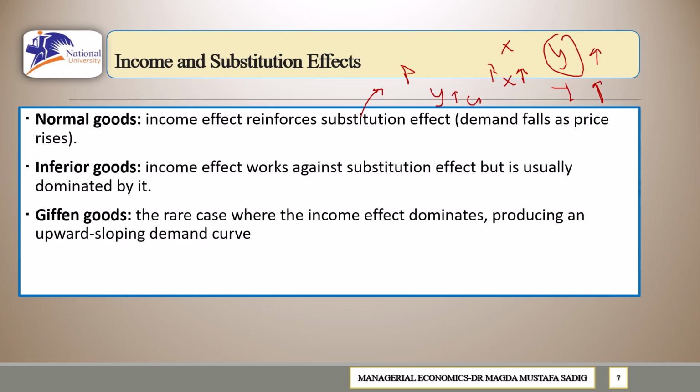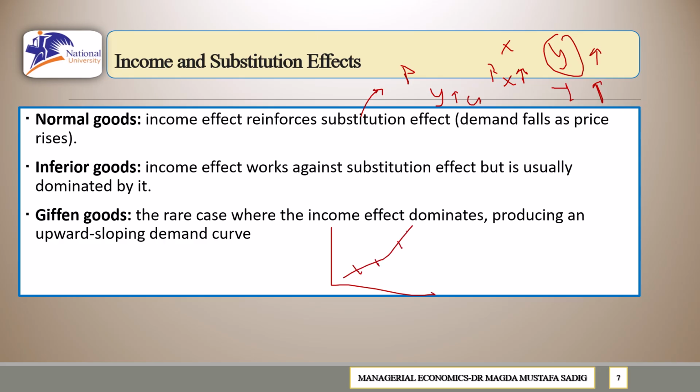Let us come to the Giffen goods. What do we mean by Giffen goods? It's a rare case where the income effect dominates, producing an upward sloping demand curve. The demand curve for the Giffen goods, it's kind of goods that, for example, during wars you need more. Even if their prices increase, your demand for them increases.